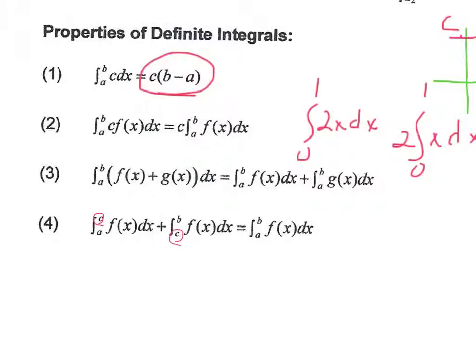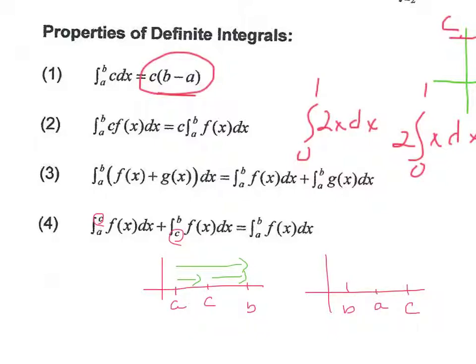If we think about it, here's A, here's C, and here's B. If we go from A to C and then from C to B, that's the same as going from A to B. Or if I change the order even, let's say we've got B, A, and C. If I go from A to C and then from C to B, that's the same as if I went from A to B. I end up at the same place.